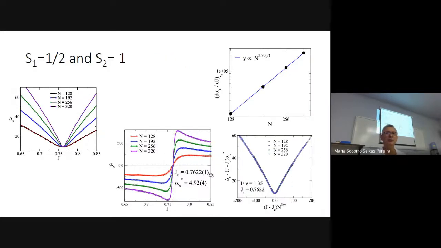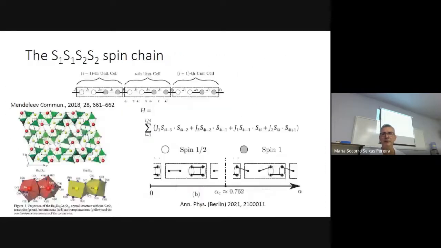Well, returning to the case of spin 1/2 and spin 1, we can perform the same scaling analysis, and what we found was that the critical point is very similar to the one that was reported last year, 0.7622. So with four digits of precision, we can compare with the result reported in this paper, 0.7622.